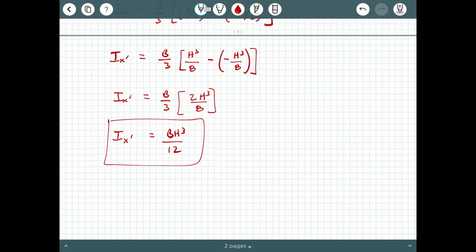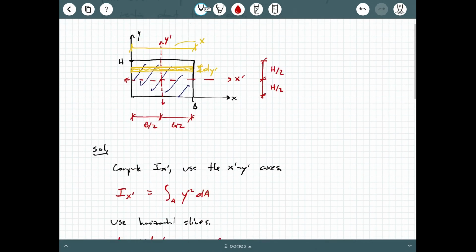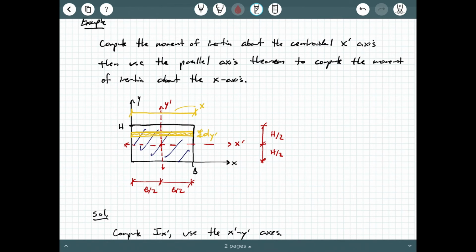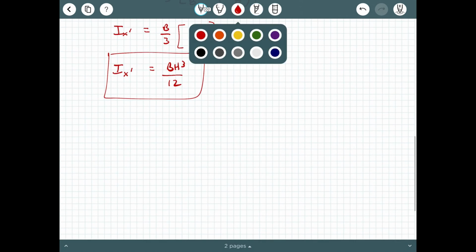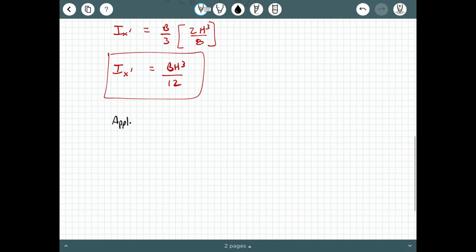Now the next part was use the parallel axis theorem to then compute I sub x about this x-axis, right? That's the second part of our problem. So now we're going to say apply parallel axis theorem to compute I sub x.